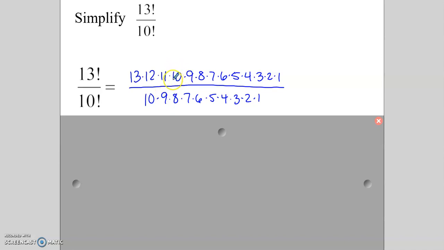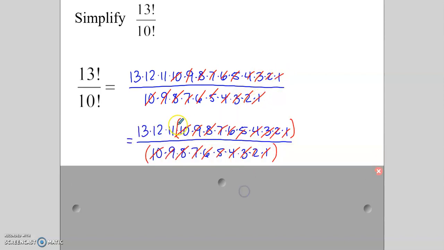So basically what this means is you can take any number you see on top and cancel it with the number you see on bottom. Because this is all multiplication on top, these are all factors. Since there's no addition or subtraction, you can cancel anything that is in common on top and bottom. So you go ahead and cancel anything that is in common, and you can see that, oh my gosh, look at all that stuff.